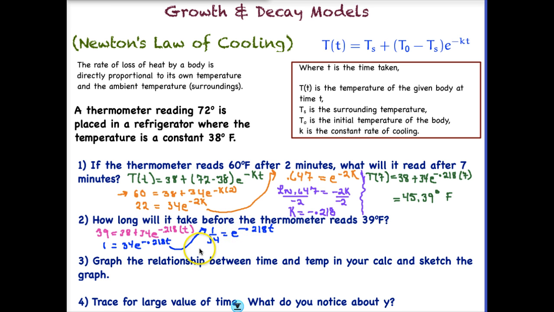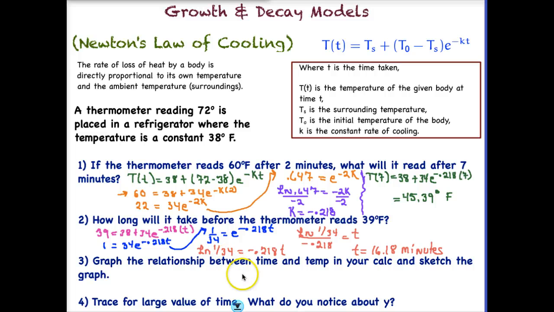At this point, hopefully now you realized that what we need to do is take the natural log of both sides in order to bring down our exponent so that we can solve for t. Finally, if we divide both sides by negative 0.218, we can then see that the time it will take to read 39 degrees will be 16.18 minutes.